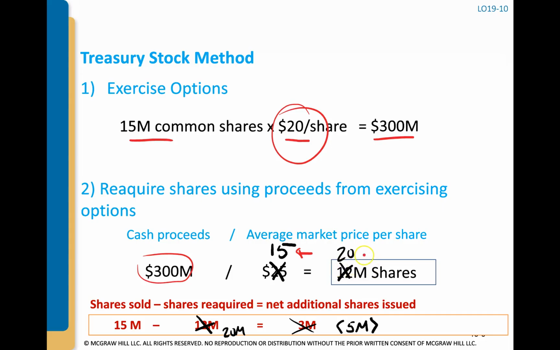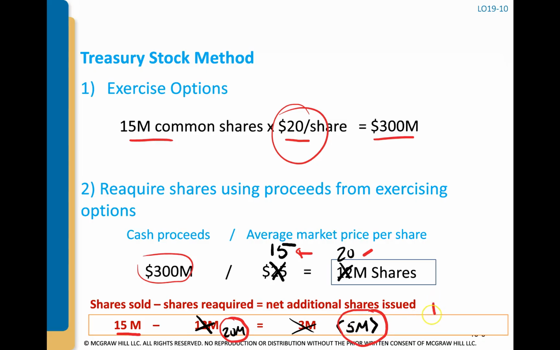Then we can buy back 20 million shares. What happens to our denominator? We've sold 15 million and bought back 20 million, so we've reduced our common shares outstanding by 5 million.